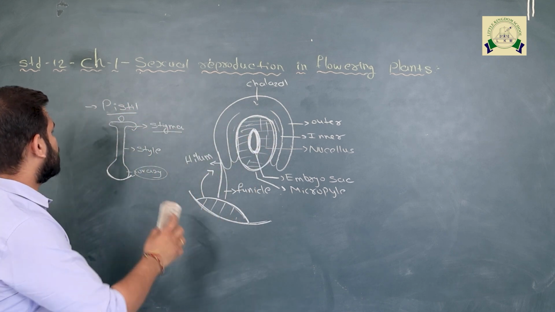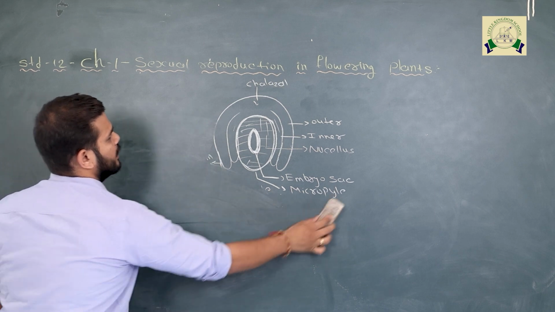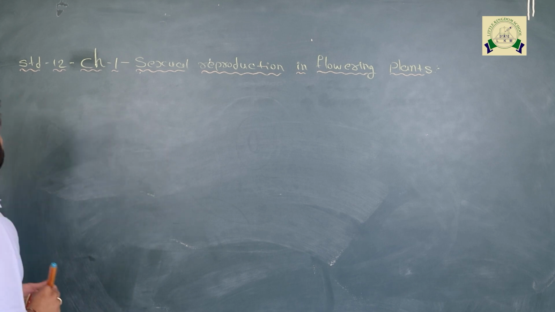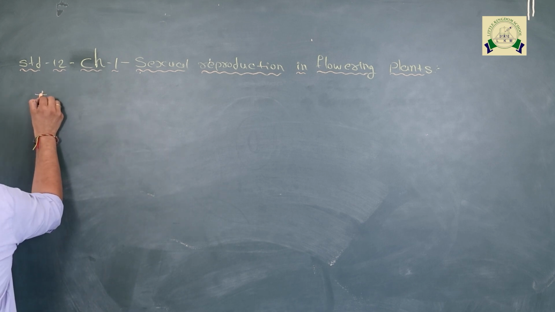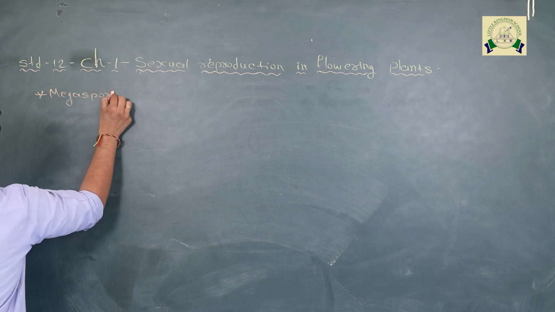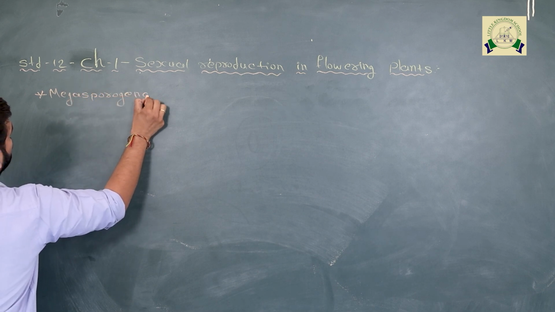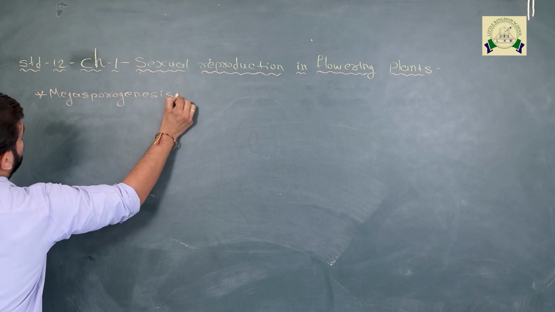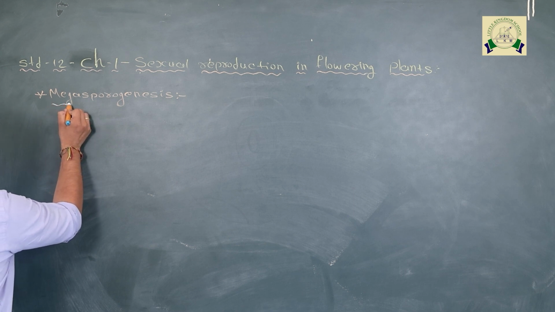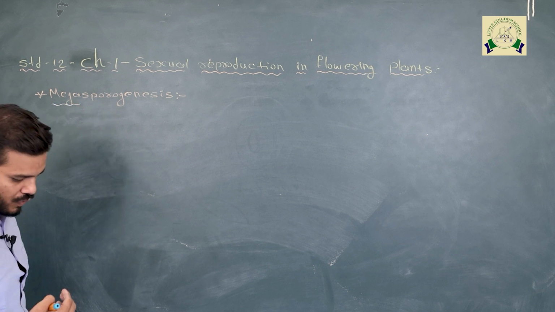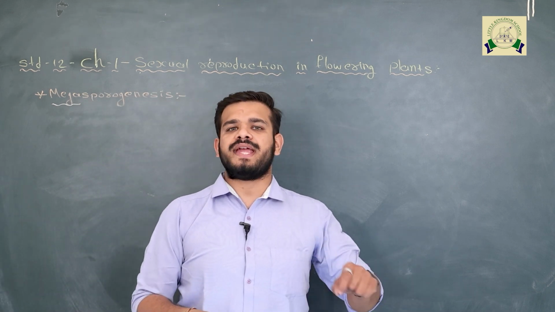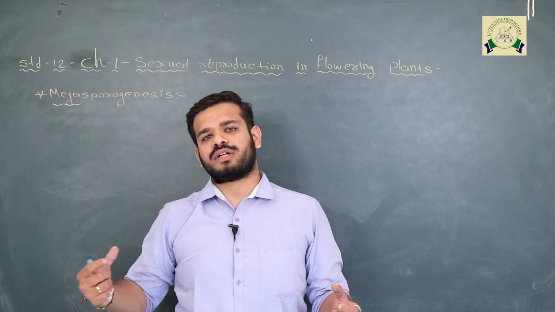So let's start with the next topic called megasporogenesis. As we know, we use the word mega to indicate the female reproductive structure, and the word micro to indicate the male reproductive structure.